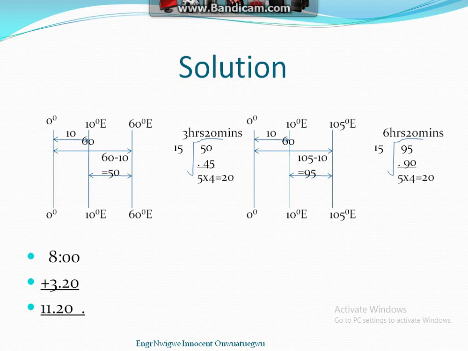We use 5 times 4 to give us 20 minutes. We now have 6 hours 20 minutes. We remove it from the original time of Lagos, 8 a.m. minus 6:20, which will give us 1:40 a.m. in the morning.